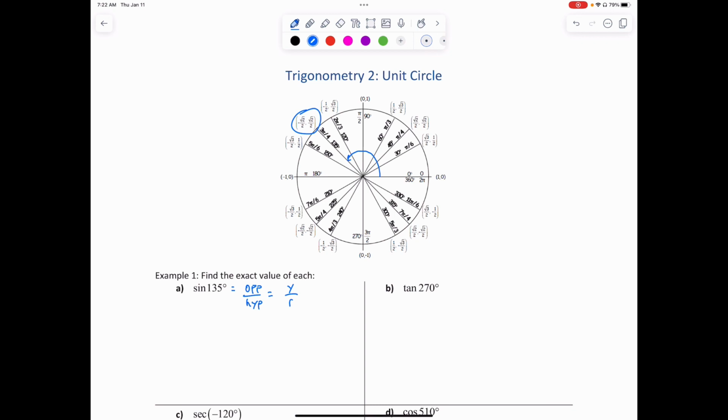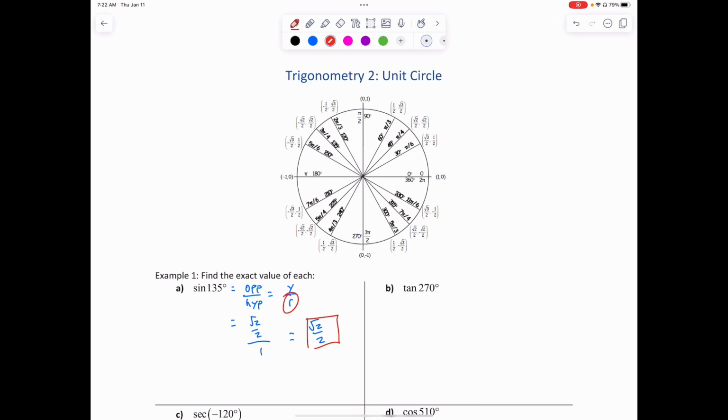Now, we say this is a unit circle because every radius is going to be 1. So r is always 1 in these problems. So what is this going to be equal to? This will be equal to the y value, which is positive radical 2 over 2, divided by 1. Of course, dividing by 1 is always going to just leave you with the same thing you started with. So my answer is radical 2 over 2 to this problem.